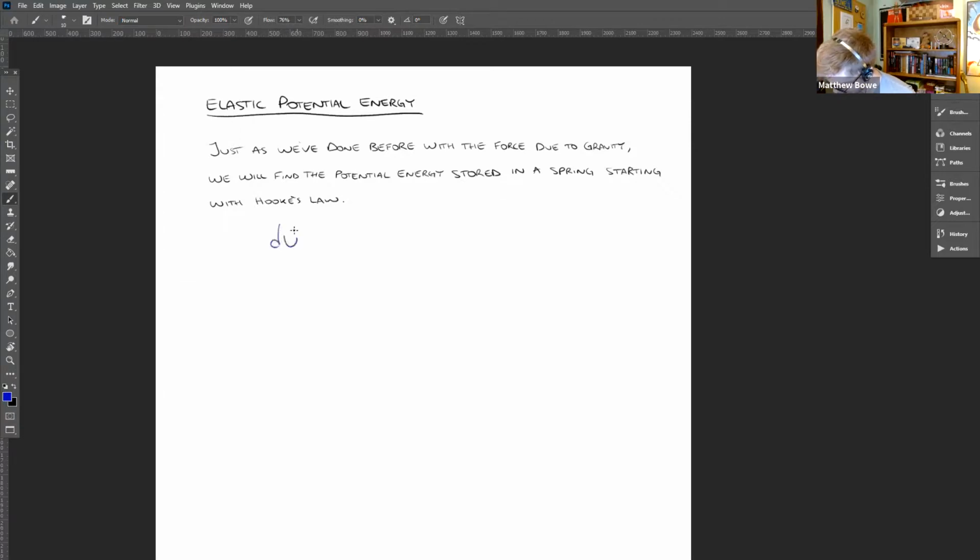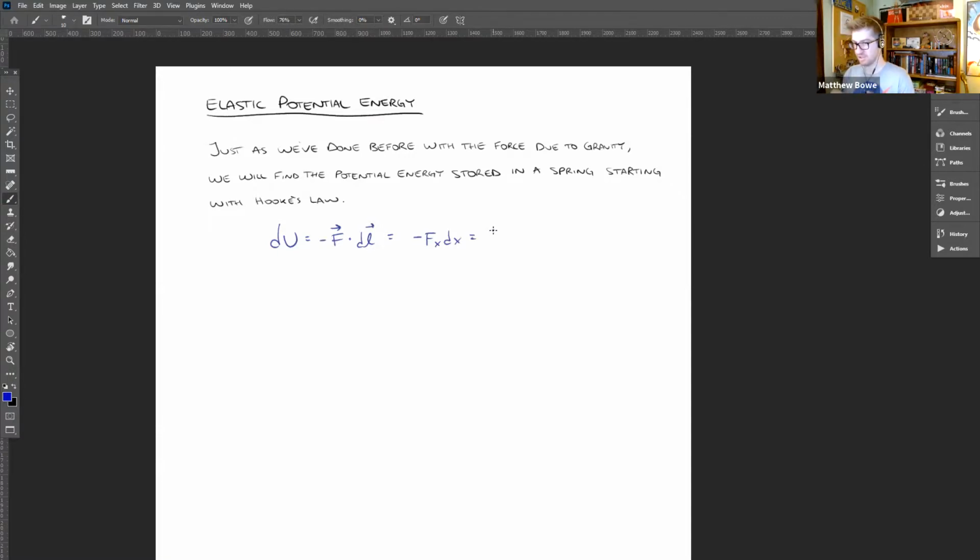So it's just the same initial step that I've given. It's some arrangement of a force over some distance. In this specific case, we are putting in Hooke's law for this force.